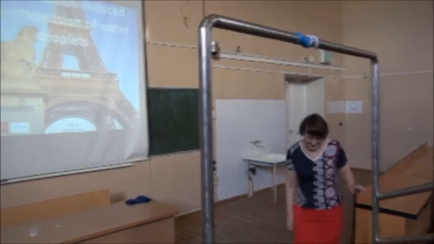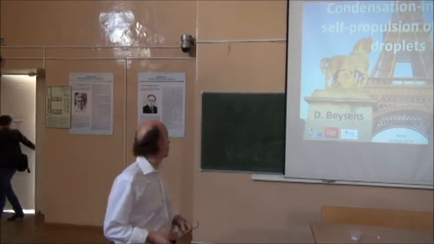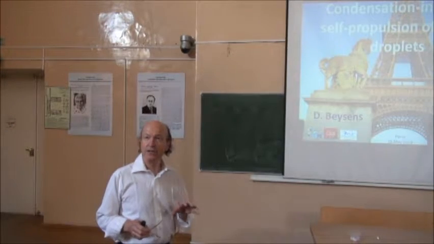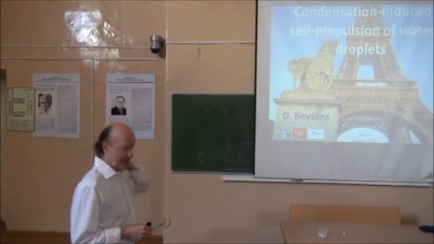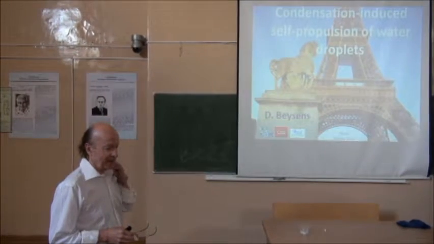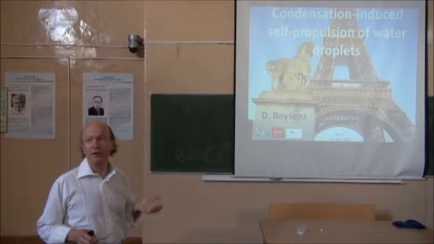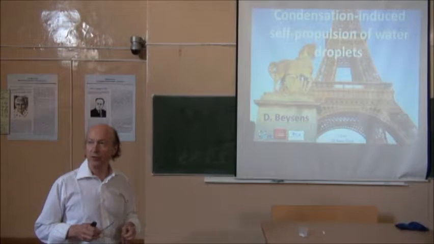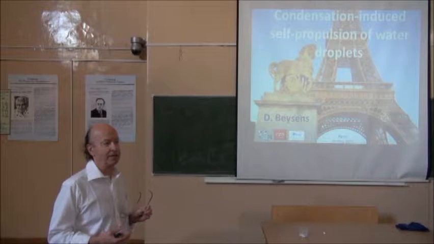Okay, so thank you for your introduction. This time I will show you how droplets can move and behave the same way as if it were a micro steam engine. You know the steam engine, the locomotive, that's adiabatic.